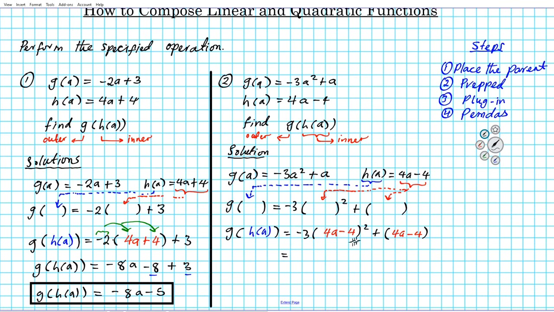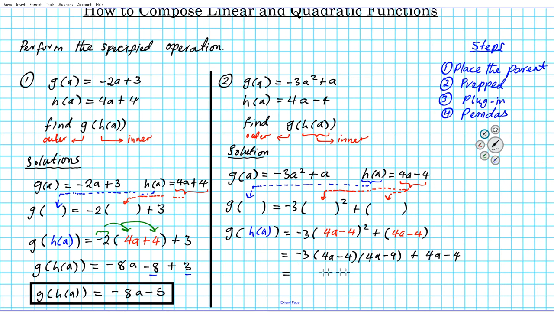So in the first term, we have a multiplication and an exponent. So which one do you do first? For PEMDAS, you do the exponent first, right? So we're going to square this quantity. So it's negative 3, and then it's 4a minus 4 times 4a minus 4, plus, and then we have 4a minus 4 here.